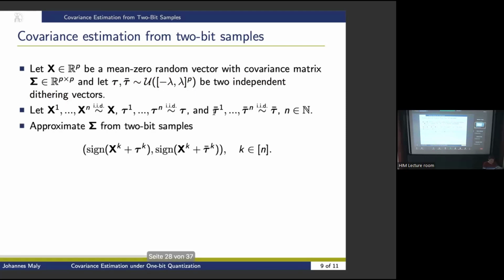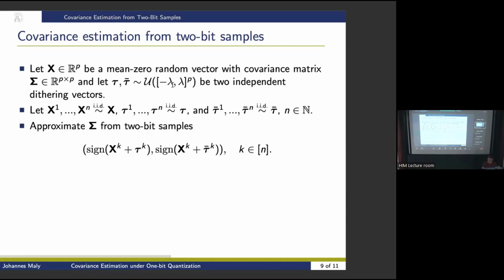And then as samples, we get 2-bit samples, once the sign of xk plus tau k and once xk plus tau-bar k. And tau and tau-bar have the same distribution, but they are independent of each other. And the distribution of those taus is just a uniform distribution on some interval that is characterized by lambda.